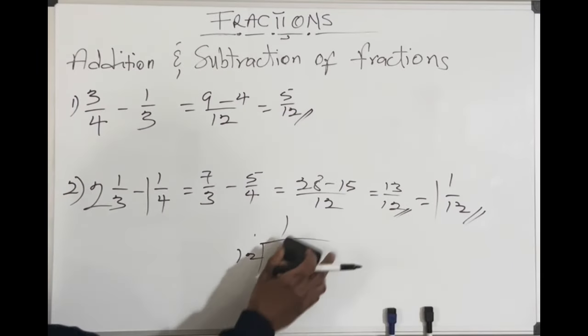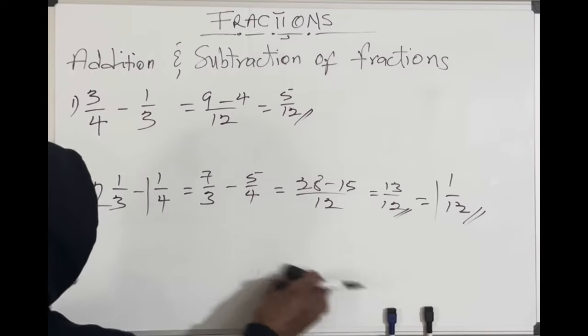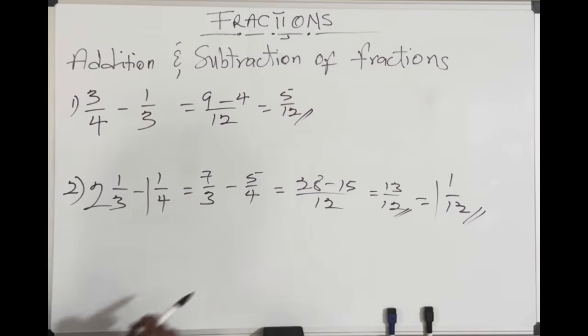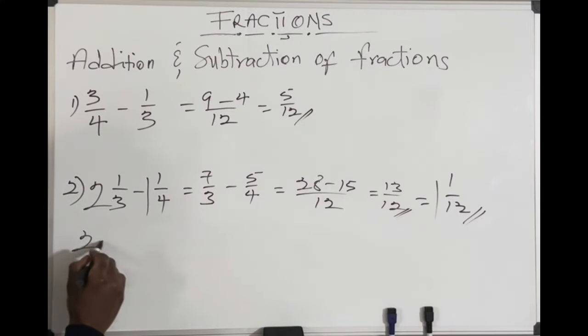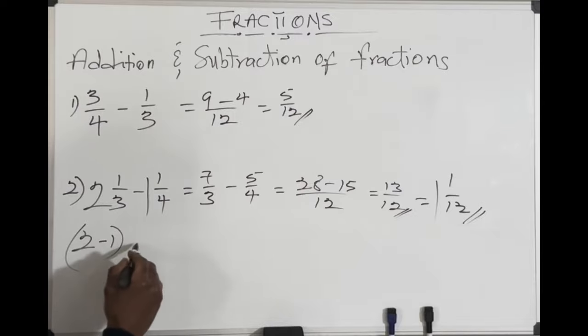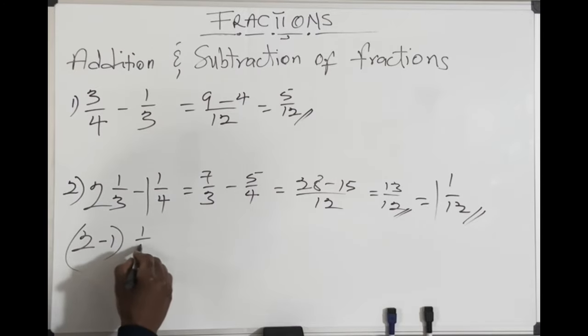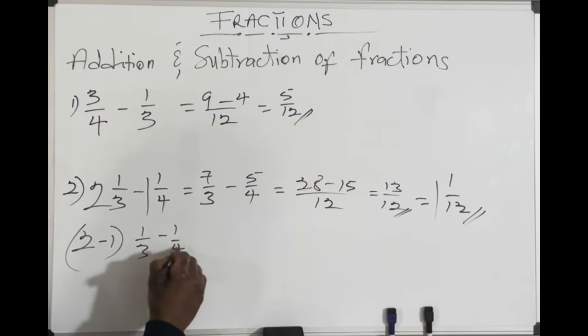Okay. All right. Now let's use the second method and see if we arrive at the same one whole number, 1 over 12. So first of all, 2 minus 1, the whole numbers will go, and then 1 over 3 minus 1 over 4.